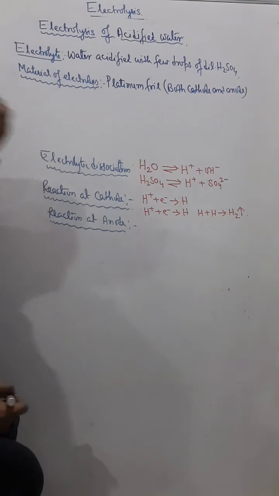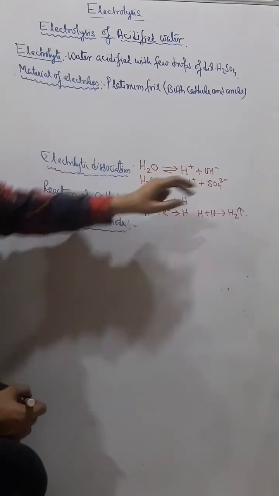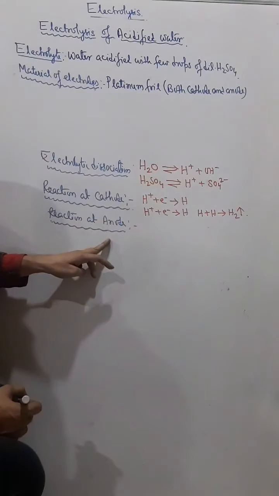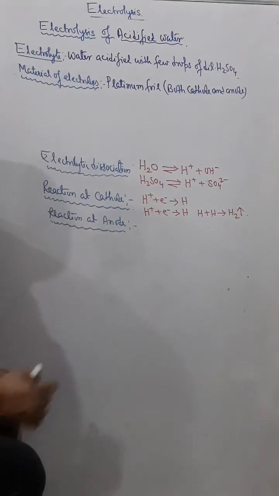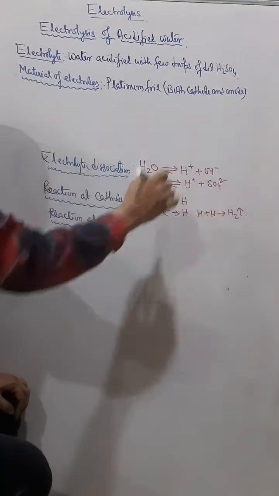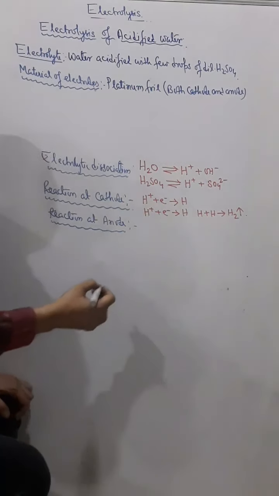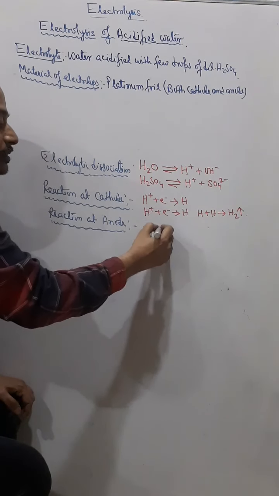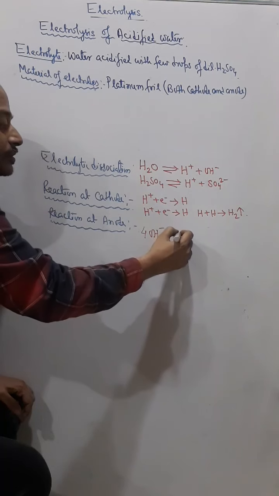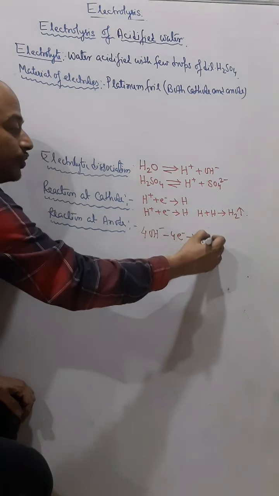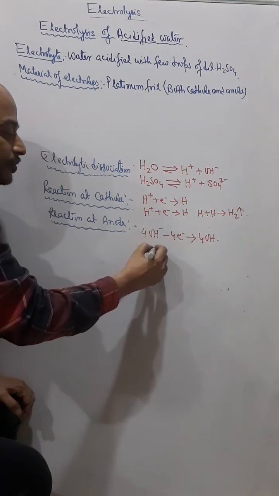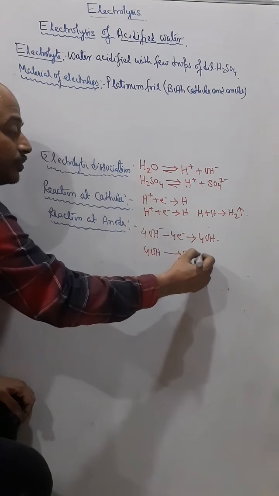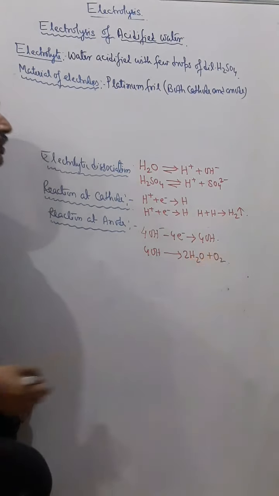Now reaction at anode: you know that both OH- and SO4 2- will migrate towards the anode, but OH-, being lower in the electrochemical series, will be discharged with preference to sulfate ions. So here sulfate ions will not discharge, but OH- ions will discharge. And as I have told you in my first video, in fact altogether 4 OH- will lose 4 electrons and we get 4 OH, and these 4 OH collectively react with each other and you get 2 molecules of water and 1 molecule of oxygen.